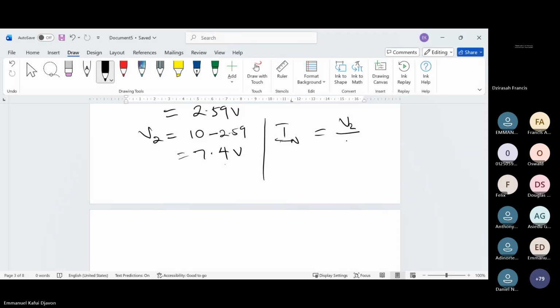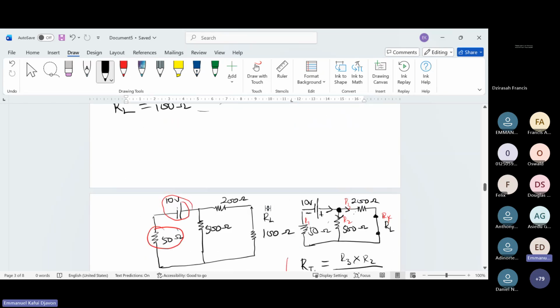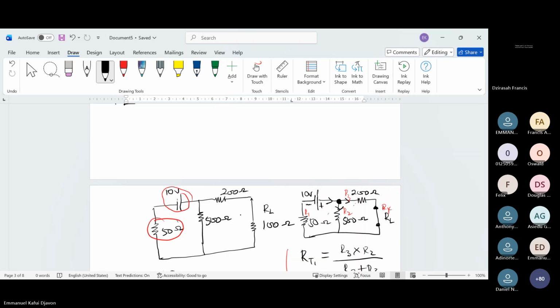what? When you come here, you will see that this 200 ohms here is connected to this 100, but this and this are in parallel, and this and this are in series. Because this one is not there, if I get the voltage here, that voltage will be equal to the voltage here.